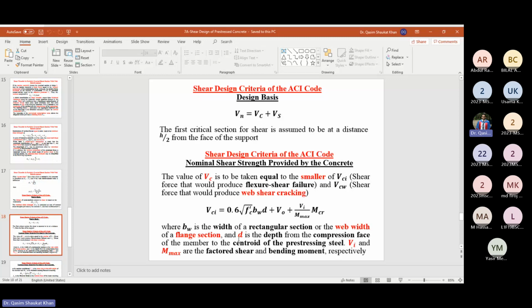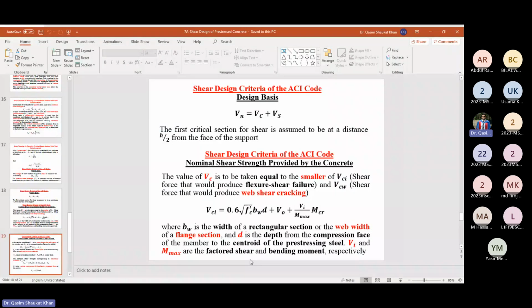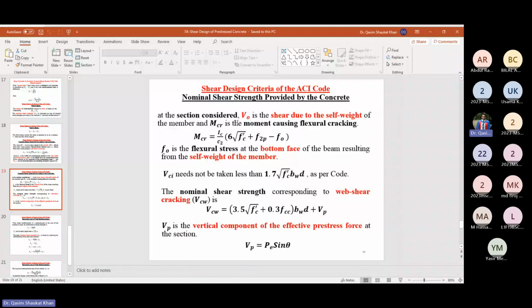D is the depth from the compression face to the centroid of the pre-stressing steel. VI and M maximum, this ratio are the factored shear and bending moment at the section considered. V naught is the shear due to the self weight, and MCR is the cracking moment, the moment causing flexure crack.